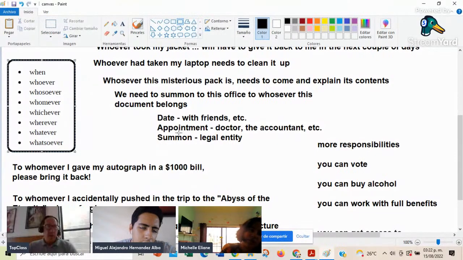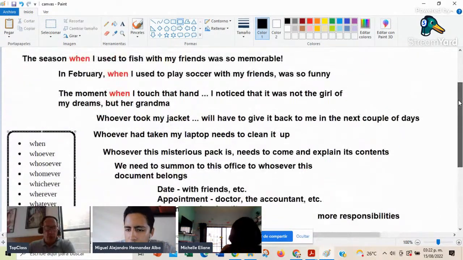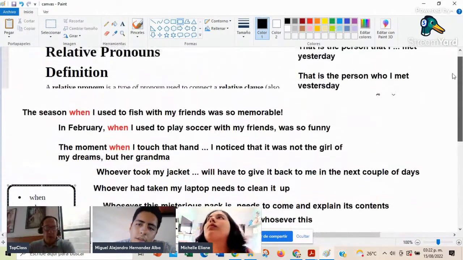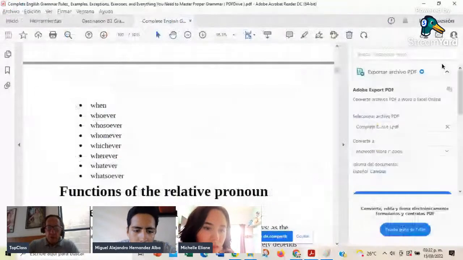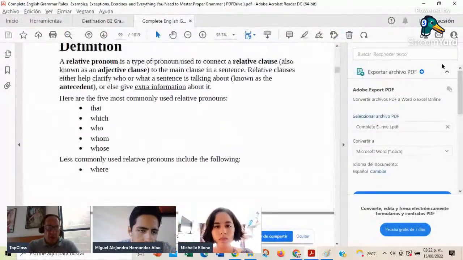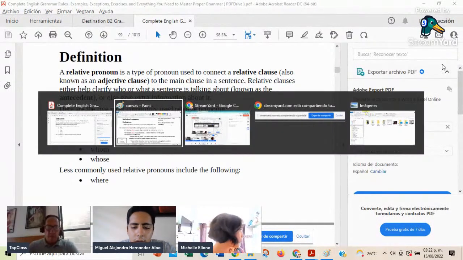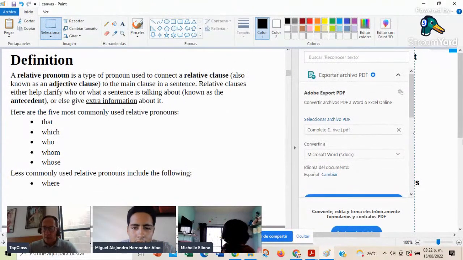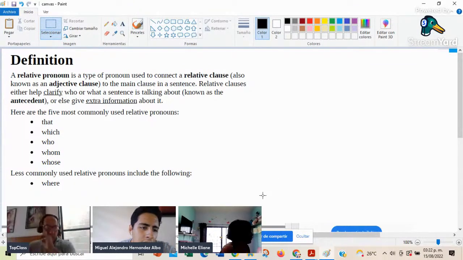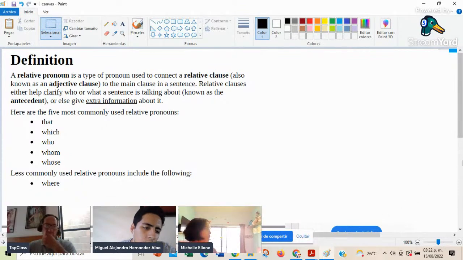We saw about relative pronouns, and we determined that there are mainly five most commonly used relative pronouns: that, which, who, whom, whose. And later we saw some examples where we can use that.